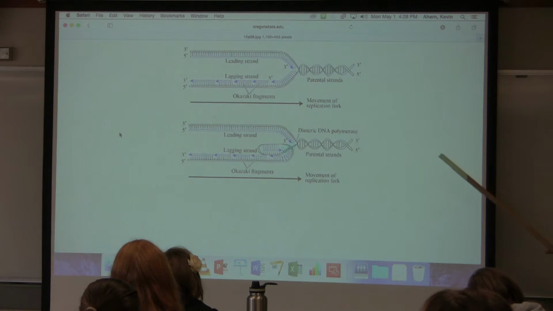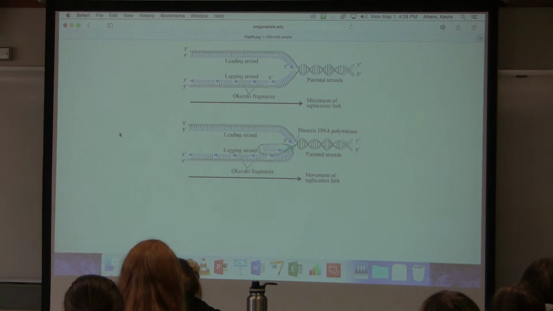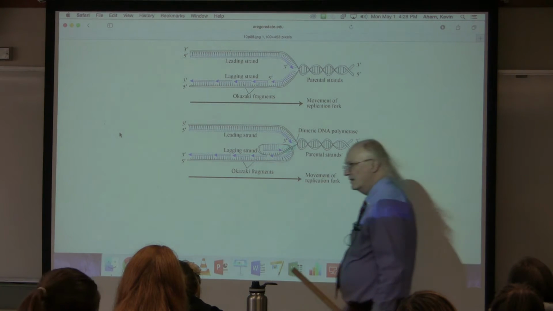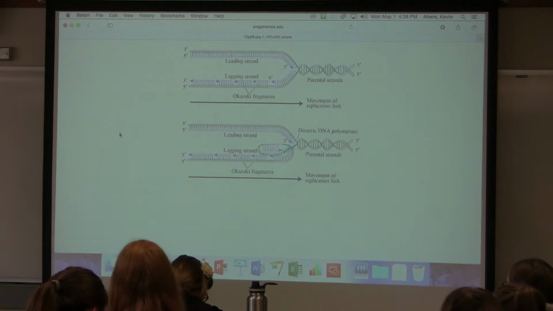Now there's another thing that affects this. DNA polymerases have a very odd property, in my opinion. A very odd property that they have is that they can only extend an existing fragment.